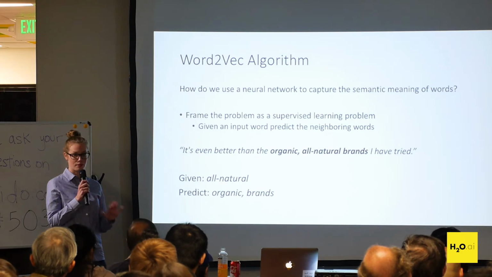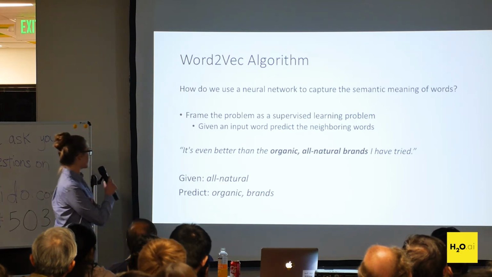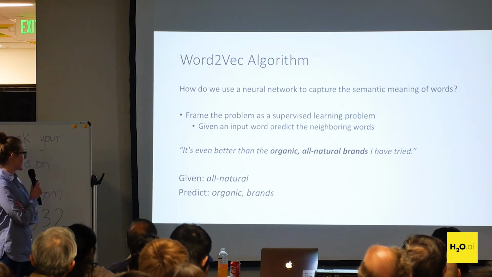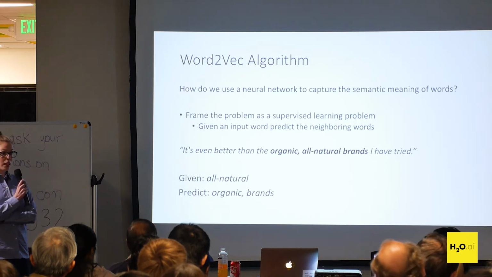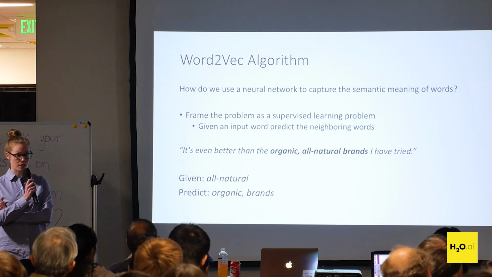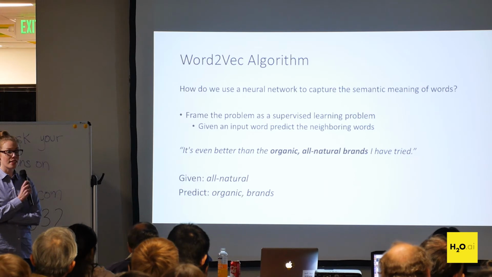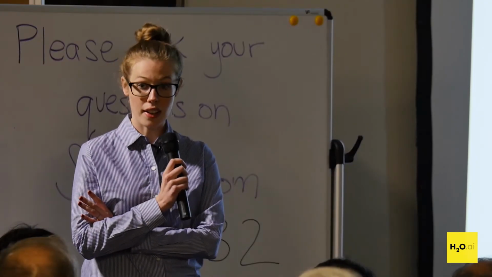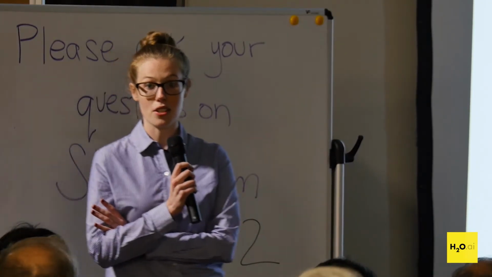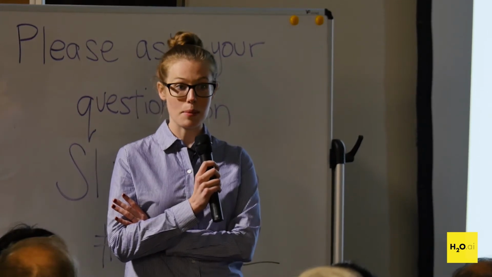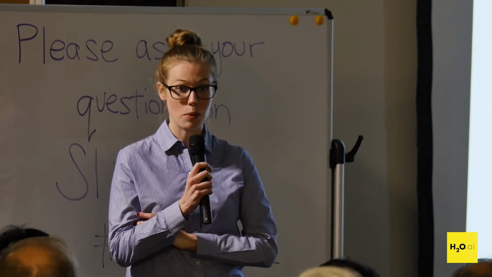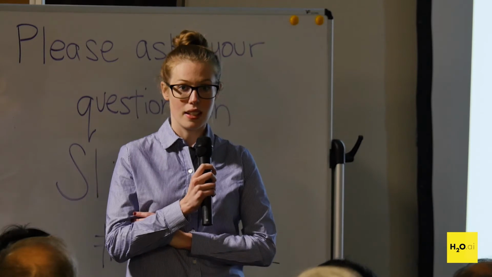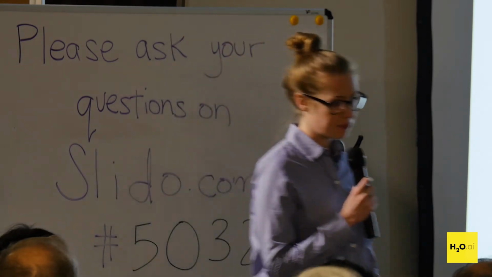So we frame the problem as a supervised learning problem: given an input word, can we predict the neighboring words? This is something we can solve, and we can figure out how accurate we are at doing it. If two words have similar surrounding words, we're going to consider them the same, and that's going to give us these word embeddings.